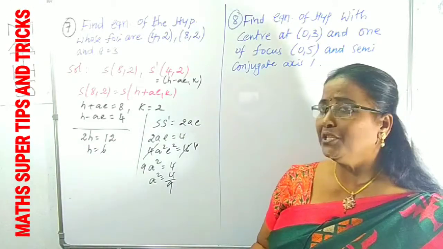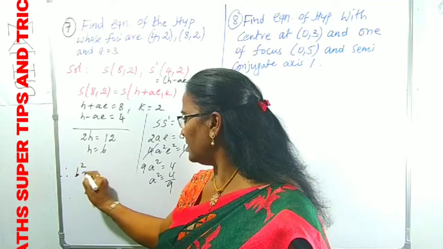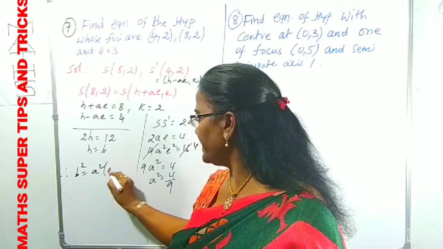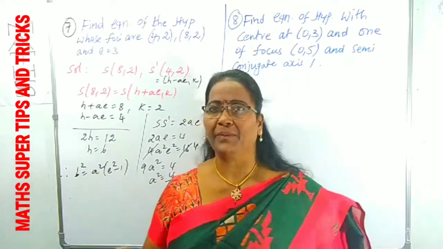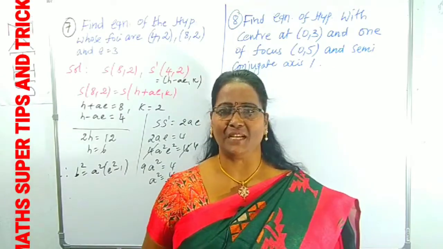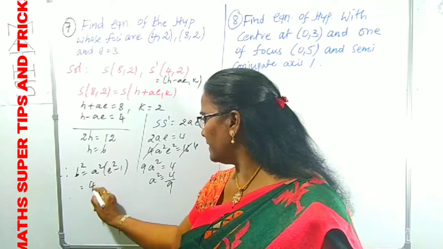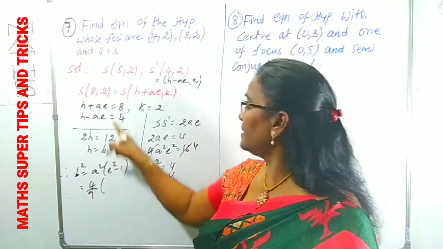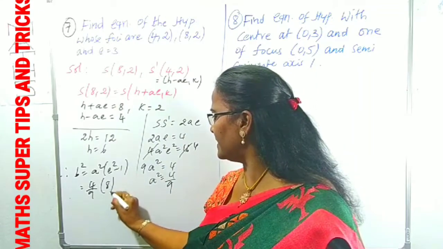How can you find b square? You know what the formula for b square is? b square is clearly a square of e square minus 1. We can find it by this step in the case of a transverse hyperbola. So a square is clearly 4 by 9, e square is 3 square, 9, 9 minus 1 is 8.